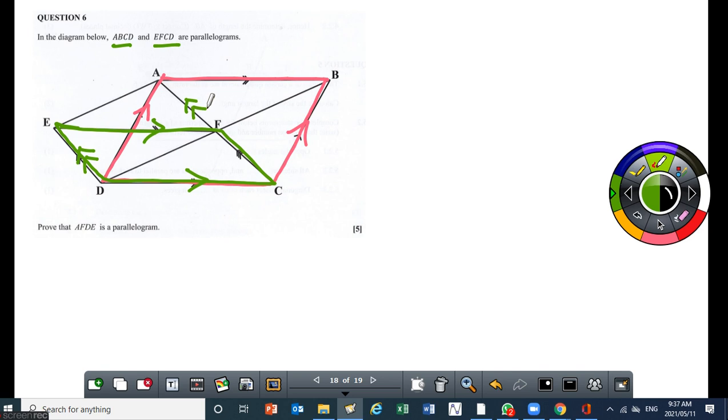So if I can prove that AF is equal to ED, then I'll say the quad is a parallelogram because one pair of opposite sides are equal and parallel. That would be the short way. So I'll start with method 1 for the solution. So this will be method 1.